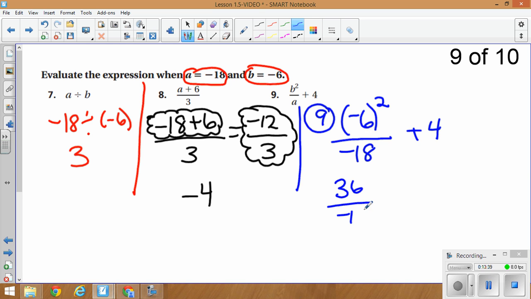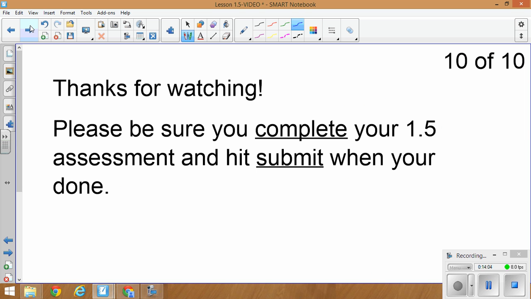Then divide by negative 18, plus 4. How many 18s go in 36? I hope you're saying 2, but I'm dividing by a negative. So negative 2 plus 4. Here my signs are different, so I'm going to subtract them, and I get 2. Final solution.